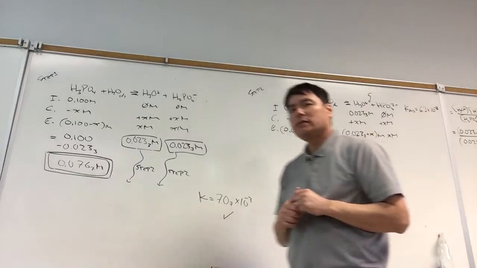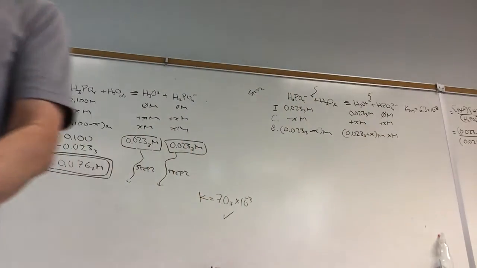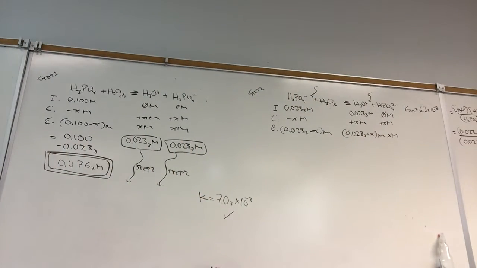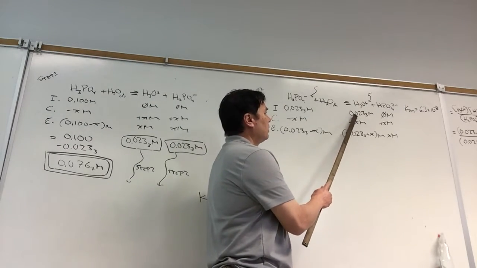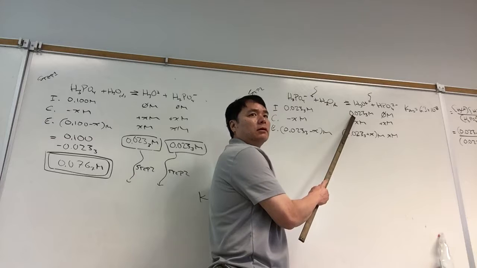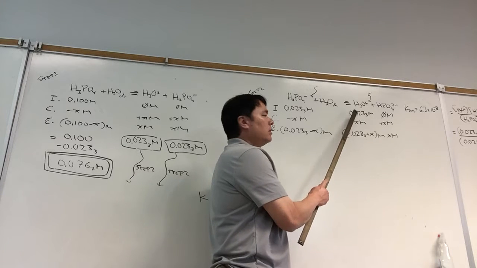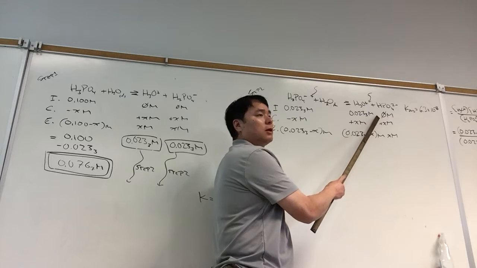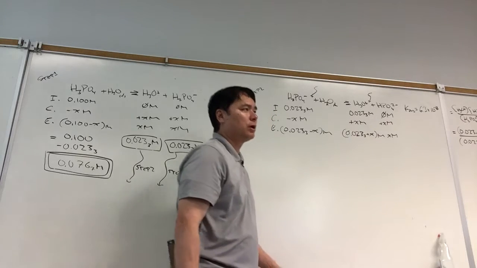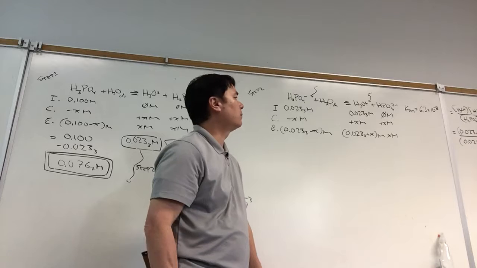Now, X is going to be unusually small here. The reason X is going to be unusually small is because of the common ion effect. We have a lot of hydronium here to begin with, and the hydronium is going to attack any monohydrogen phosphate that's formed. This is like the predator-prey deal I was talking about earlier.